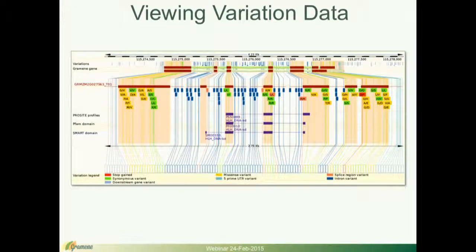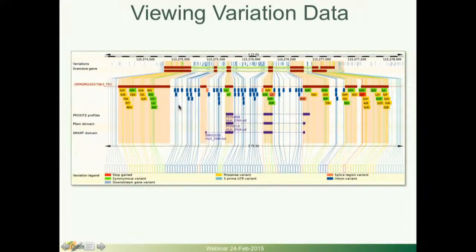So this is an example view of our variation data. As I showed you before, the variation data can be viewed in the browser as a location view. But for an individual gene or transcript, you can navigate to a particular gene of interest, blow that up, and look at the SNPs that affect that gene, and they're color-coded based on the variant effect.